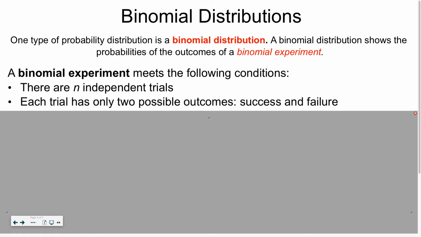Each trial has only 2 possible outcomes, success or failure. You can also think about that as those things are just complements of each other. So success might be the probability of event A, therefore failure is the probability of not event A.